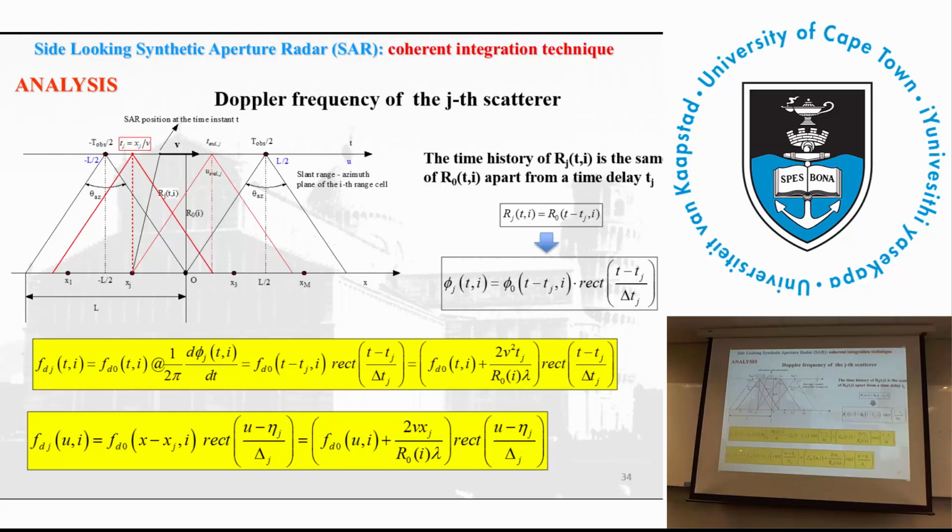And if I write it in terms of spatial coordinates, now my Doppler frequency will be expressed in spatial coordinate for point O, and for any other point j, this will be shifted by this term here, which now depends on xj. It's the same thing. tj and xj are related, because they're linearly dependent on each other.